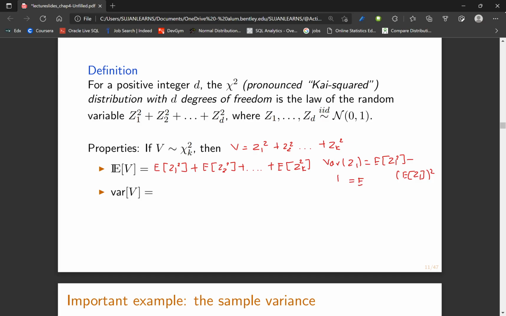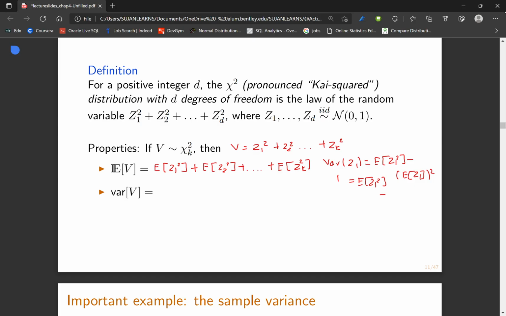Expectation of Z1 square, this is what we need to find out, and we will need to know what is the expectation of Z1. It is 0 because it's a Gaussian distribution.